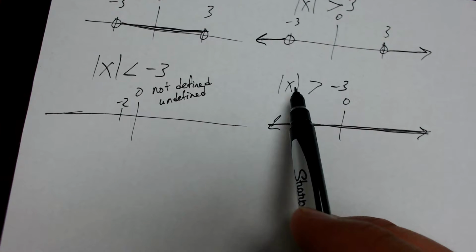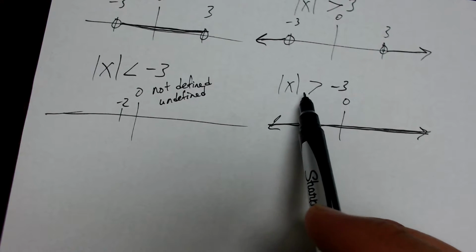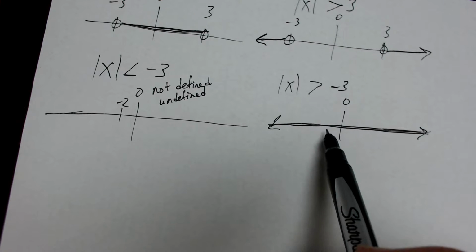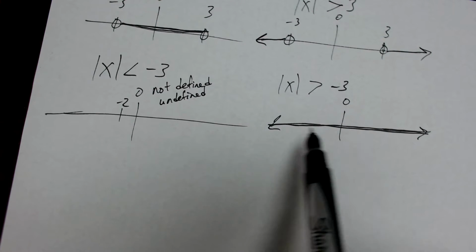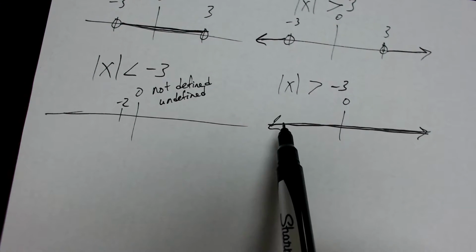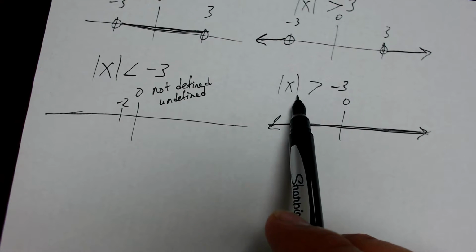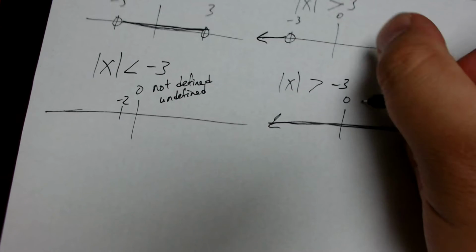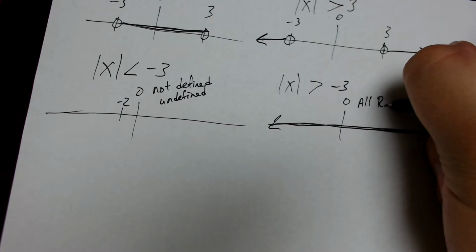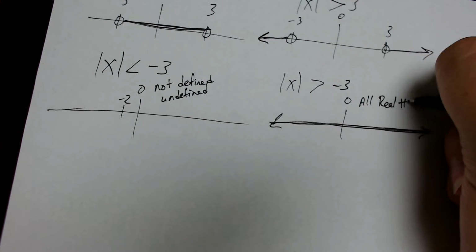We can even go to 1. The absolute value of 1 is greater than negative 3. The absolute value of negative 1 is greater than negative 3. So there's no possible way to get below 0, which means that if you have an absolute value that's greater than a negative number, then the answer is just going to be all reals, or all real numbers.